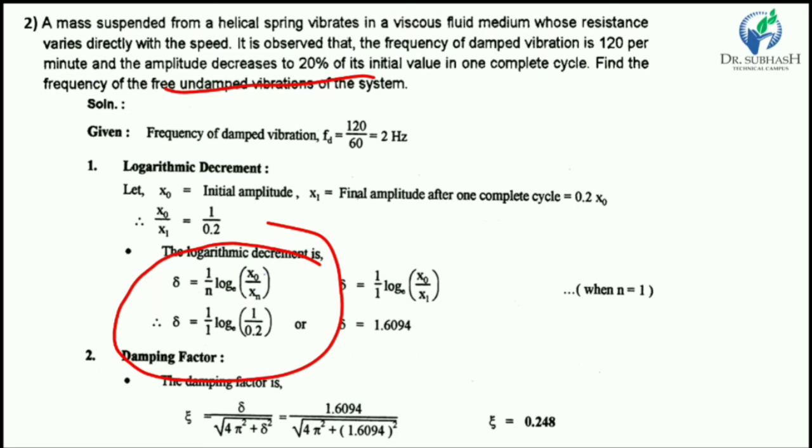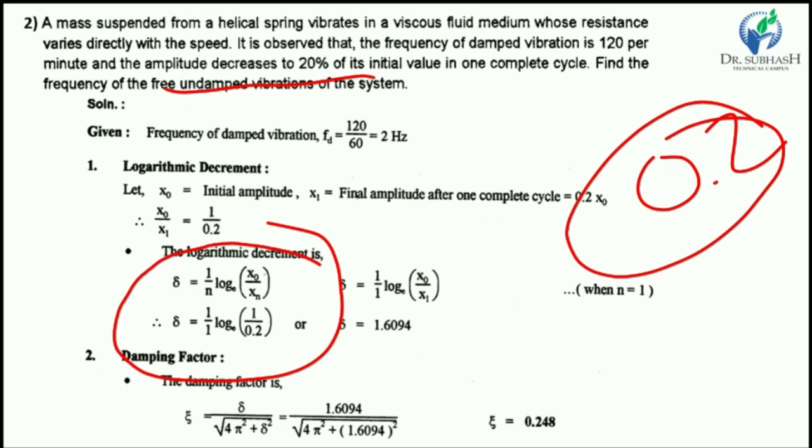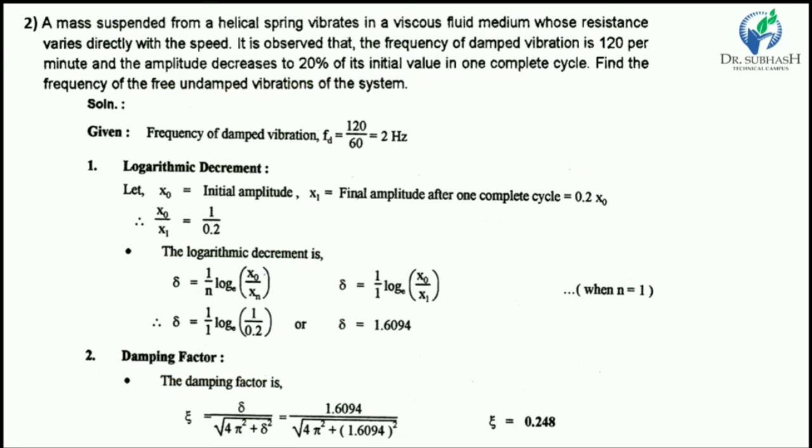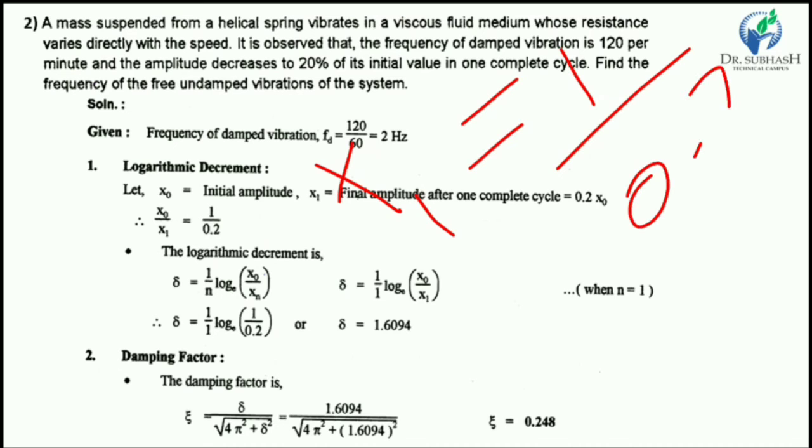So we convert the percentage into a value of 0.2. The amplitude decreases by 0.2 times in one complete cycle.